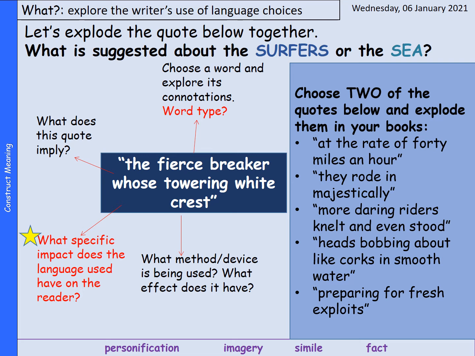So we have, at the rate of 40 miles an hour, they rode in majestically, more daring riders knelt and even stood, heads bobbing about like corks in smooth water, and preparing for fresh exploits. Choose 2 of those quotes, and on your piece of paper or your document, do a word explosion for both of those. Pause the video here.